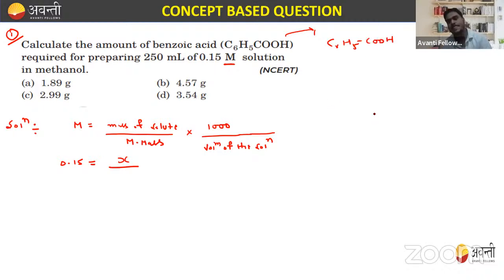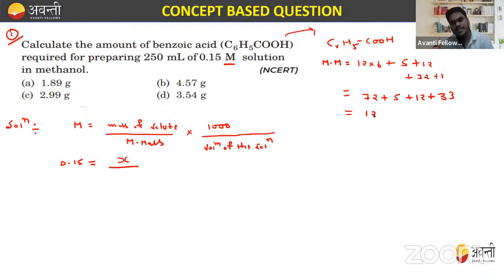So how will you find the molecular mass of benzoic acid? This is 12 into 6, that is 72, plus 5, plus again 12, plus 32 plus 1, that is 33. On adding, 72 plus 5 plus 12 plus 33, it comes out to be 122.